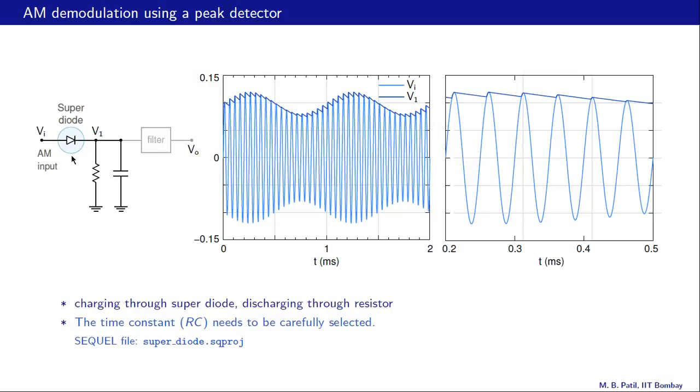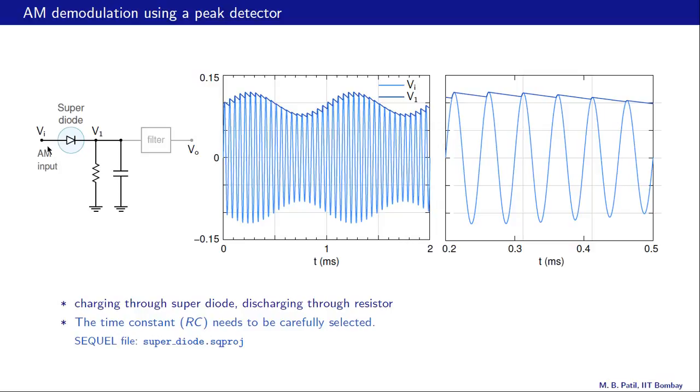So therefore it can work with small input voltages. For example, here the input voltage is only 150 millivolts or less. The input voltage is shown by the light blue waveform, that is our amplitude modulated signal, and the purpose of this circuit is to detect this envelope, that is our signal.